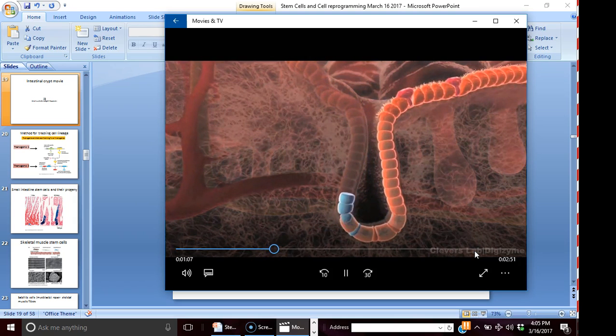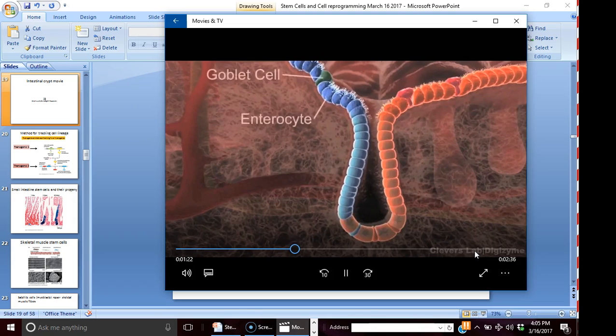The transit amplifying cells proliferate rapidly and move up the walls of the crypt. As the cells migrate upwards, they begin to differentiate into goblet cells and enterocytes.